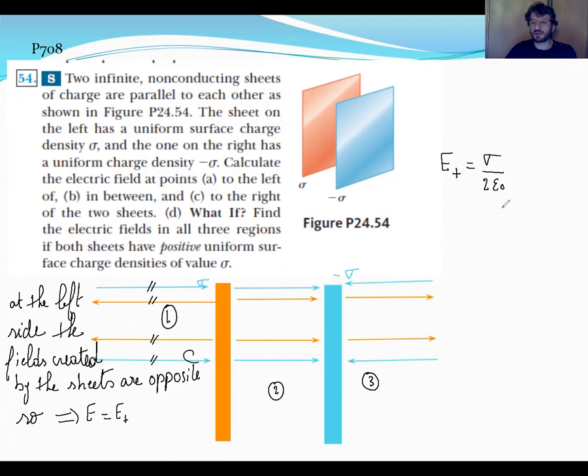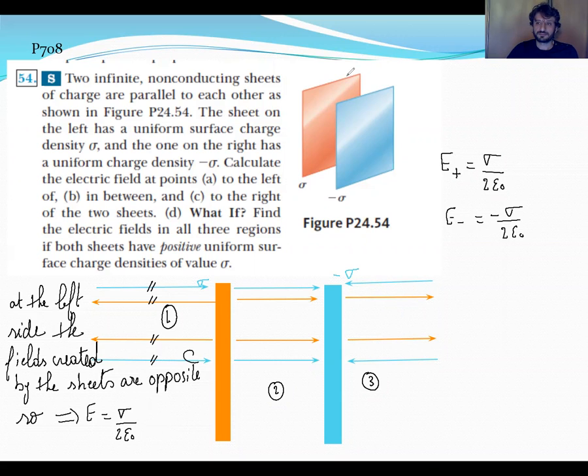We calculated this value. And the field created by the negative one equals minus sigma divided by 2 epsilon 0. So the total field created at the left side is the sum of opposites.